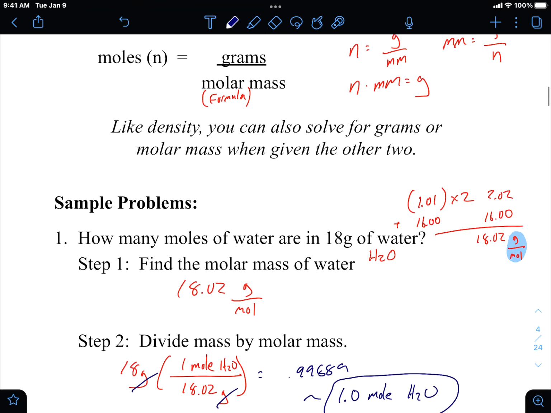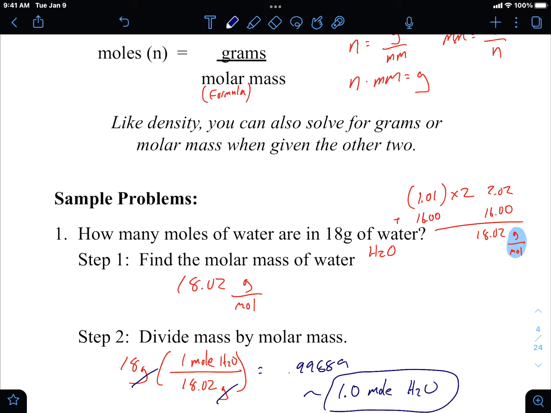That's another thing I want to re-emphasize, okay? Molar mass is a conversion. And whatever the molar mass is, it can be used upside down or right side up: 1 mole per 18.02 grams, or 18.02 grams per mole.